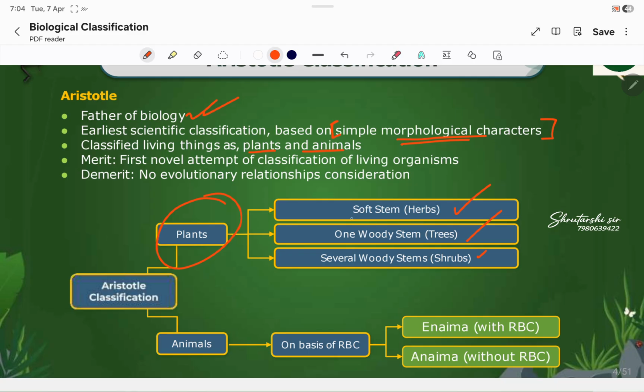Obviously, the herbs had a soft stem, the trees had a woody stem, okay, and a very fat bark. Okay, and the shrubs had several woody stems but not as hard as the trees.